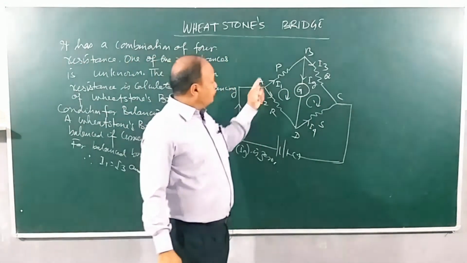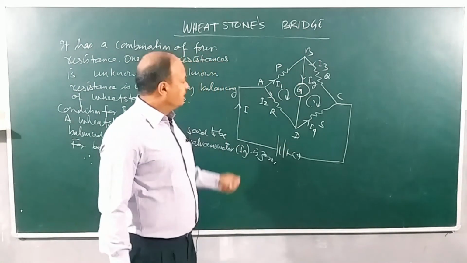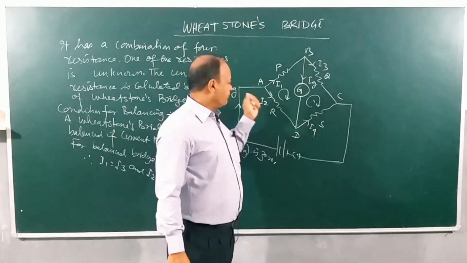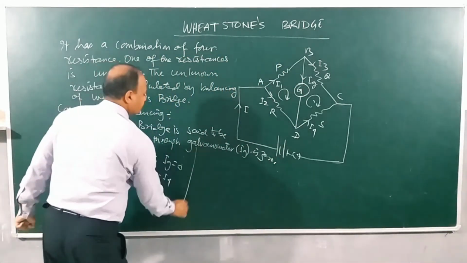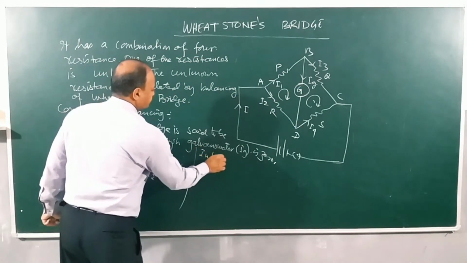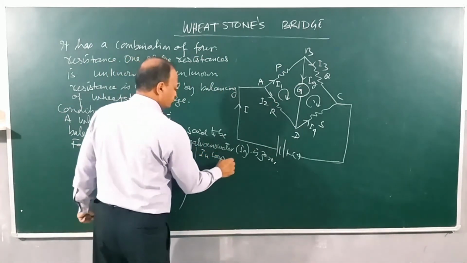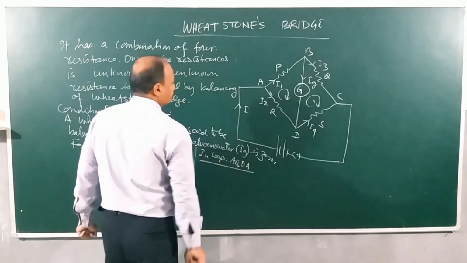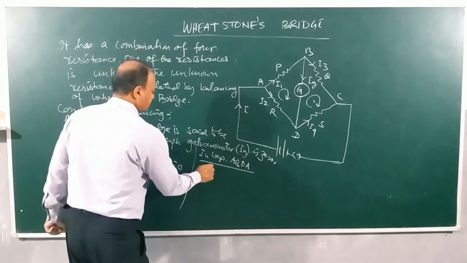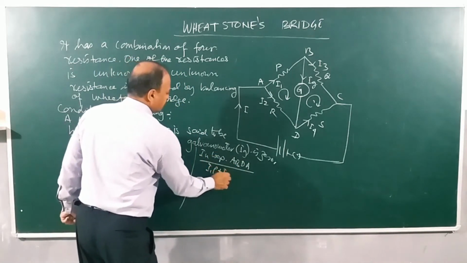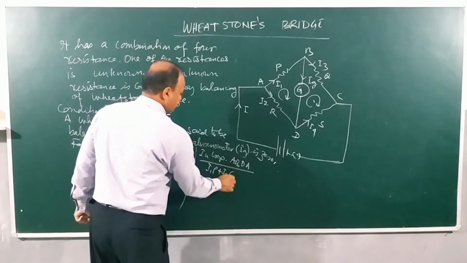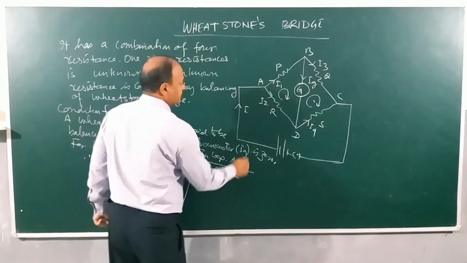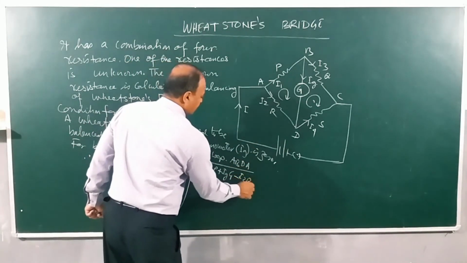First I will be using loop ABDA, right? In loop ABDA, Ig is 0. Here we use Kirchhoff's second law: I1P plus Ig into G, where capital G is resistance of the galvanometer, minus I2R is equal to 0.